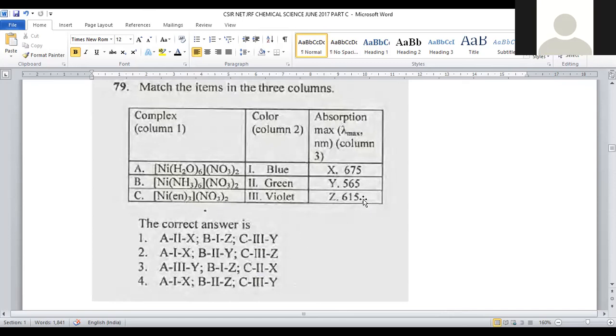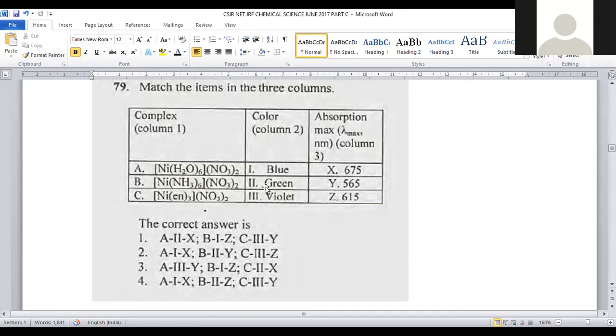Hexammine complex, in-between value we have to assign. Z is the in-between value, and its color will be blue. So nickel hexammine blue color, and its wavelength will be 650. So B with 2 is the right statement. Tris-ethylene diamine, lower wavelength, that is 565, will be the right answer for this nickel tris-ethylene diamine, and always it exists in violet color, right?